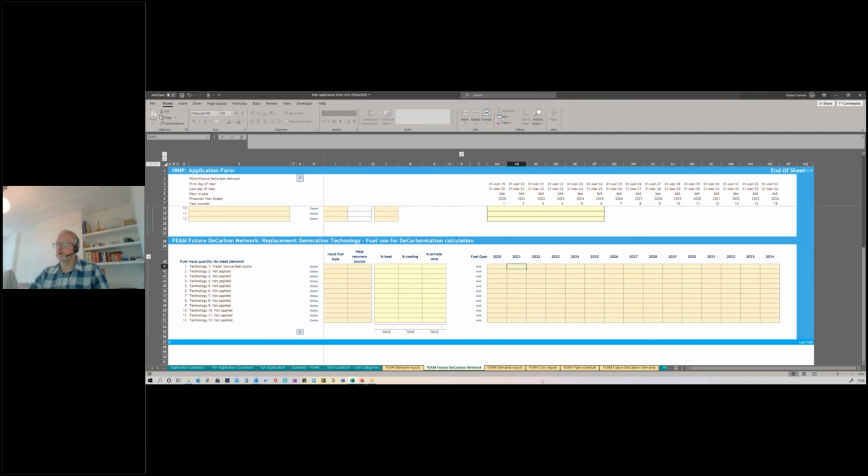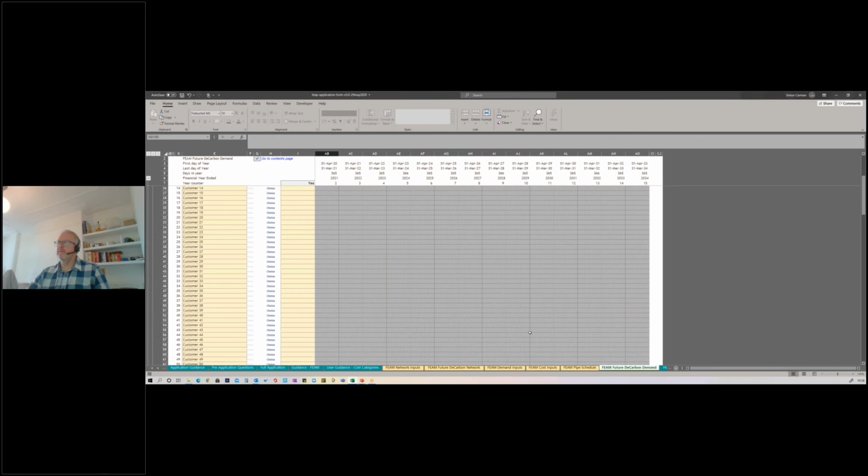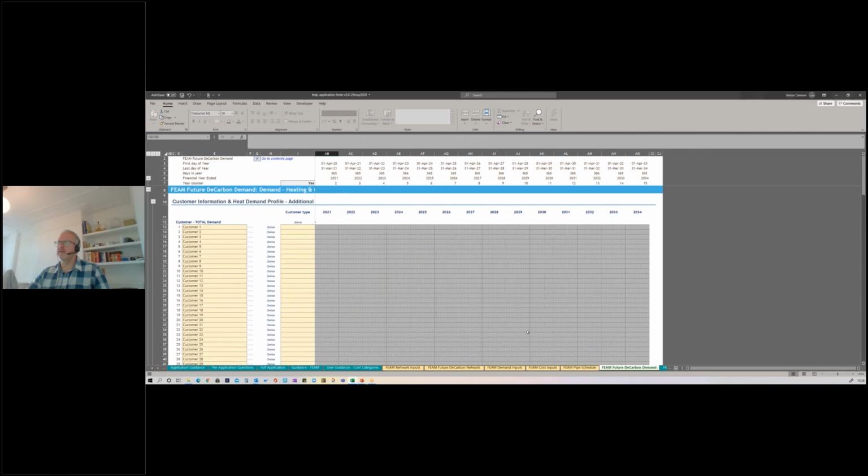I think you probably should aspire to put something in the future decarbonisation if you can, because once the network is built, it's more than aspiration, Simon, it's a requirement to have the possibility at least of expansion.